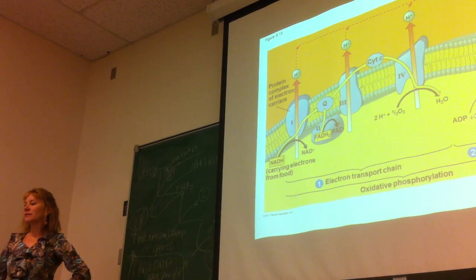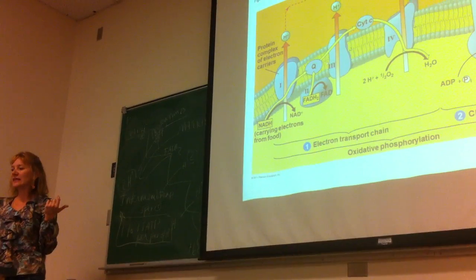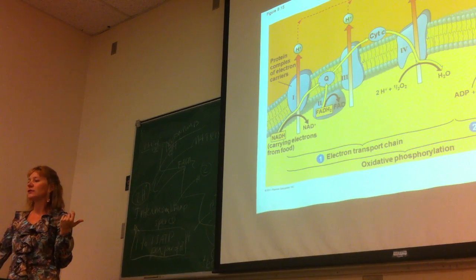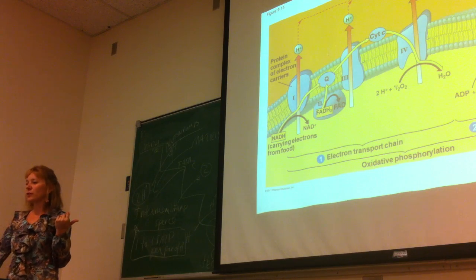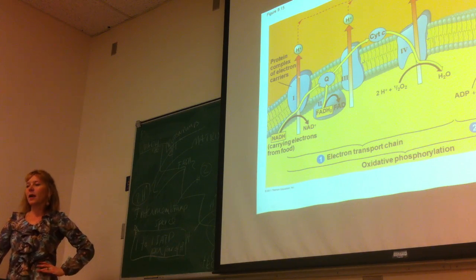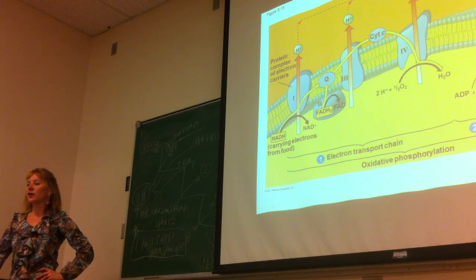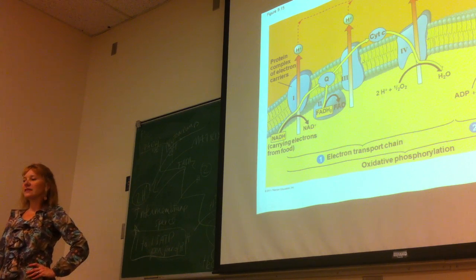So this diagram gives you a good overview of the process. I'm not going to have you go through it. Photosynthesis, we went through a few more of the proteins, but here we're not going to go through the proteins involved. But you see here that NADH enters in the first protein subunit, whereas FADH2 is only entering here at the second protein subunit.